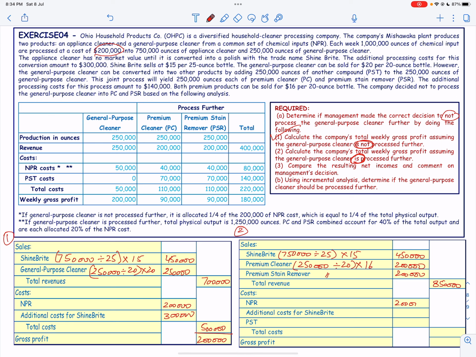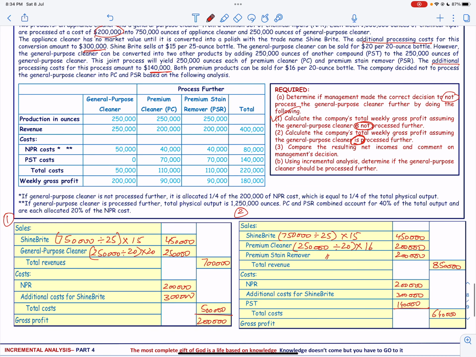The additional processing cost for the Shine Bright was 300,000. And then there is further processing. The additional processing cost for this process amounts to 140,000. So the total cost will be 640,000, and the gross profit will be total revenue minus total cost, that is 210,000.